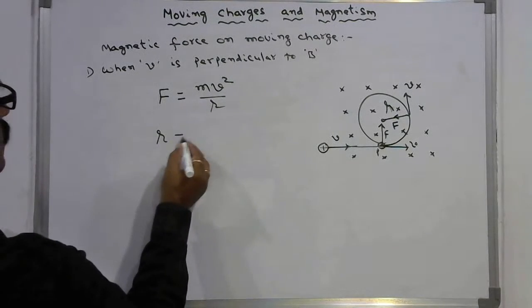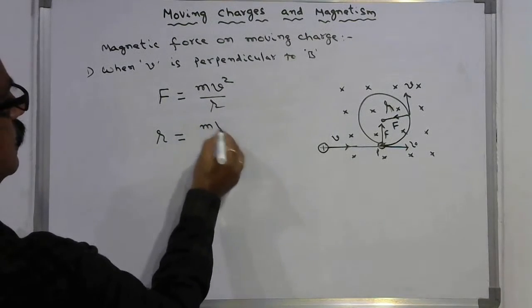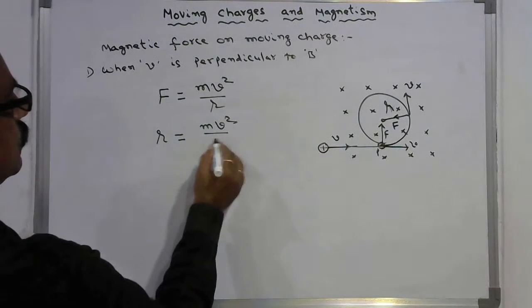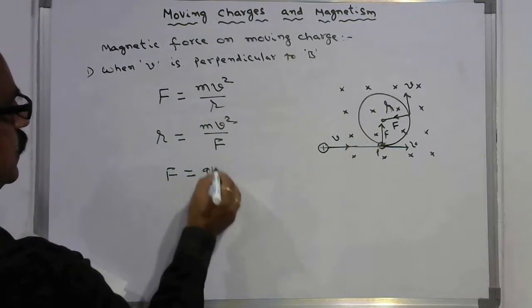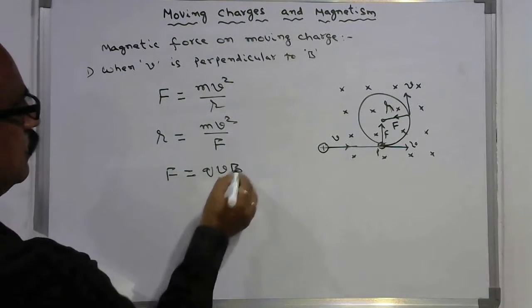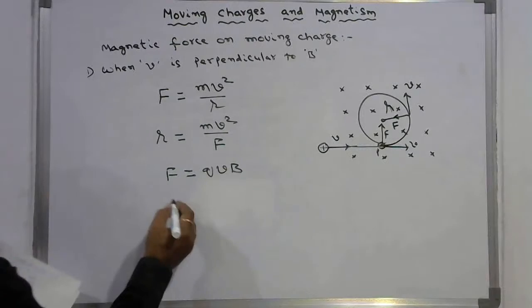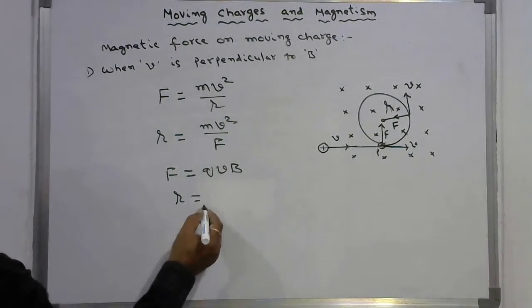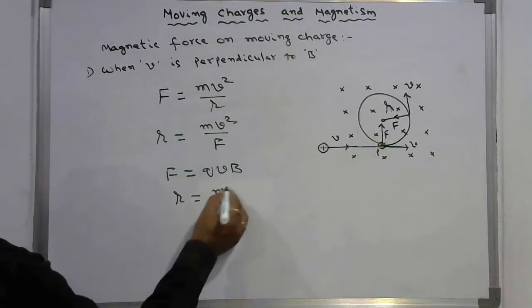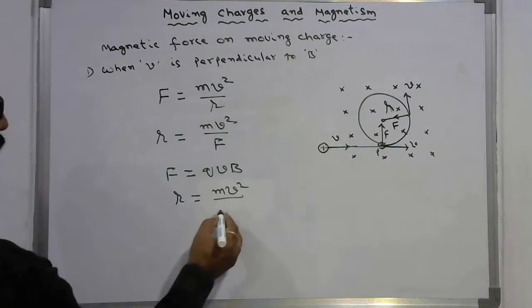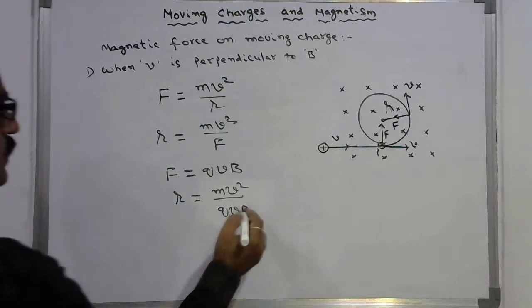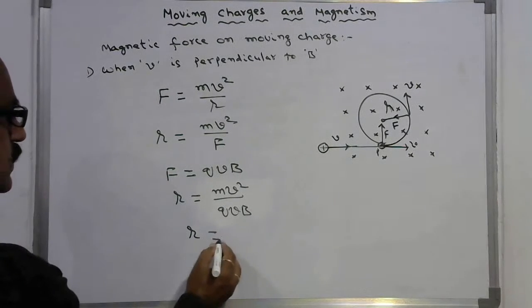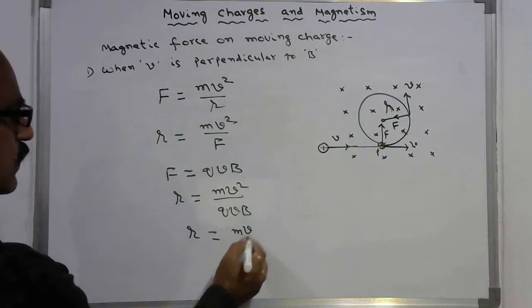So the radius can be written as mv square by F. But F is equal to q into v into B. Substituting, r is equal to mv square by qvB. So v square cancels, and the radius is equal to mv by qB.